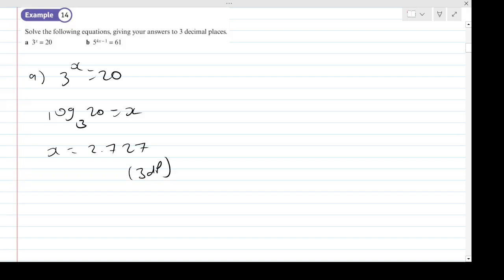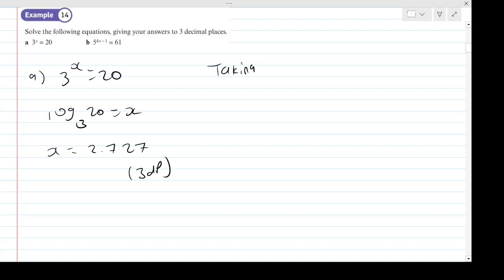However, sometimes it's very tricky to be able to just do this, right? There could be more complicated equations to just convert into log form, or if you're a bit unsure about how to convert it into log form, what I want to start doing is taking logs of both sides.